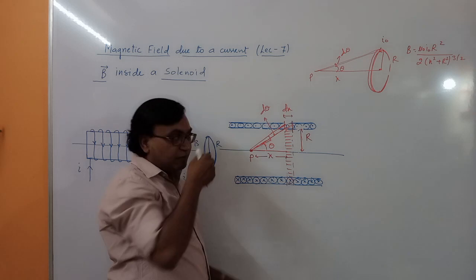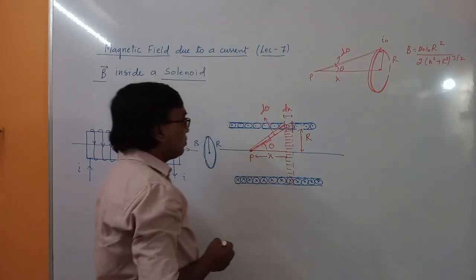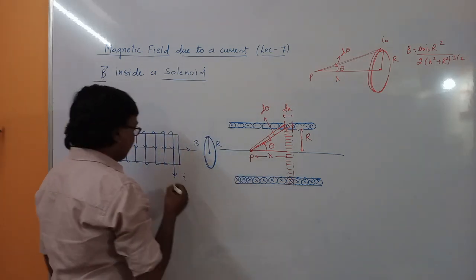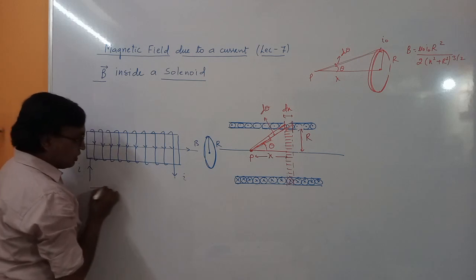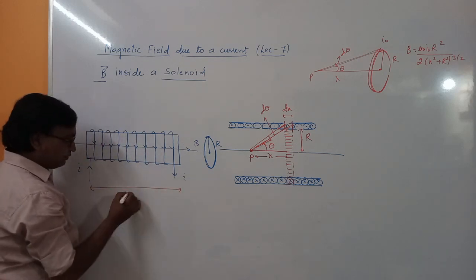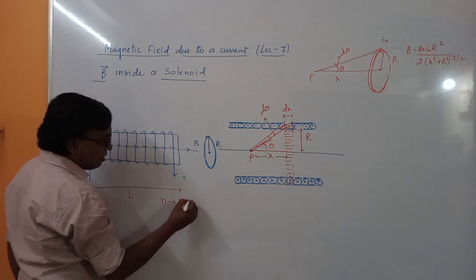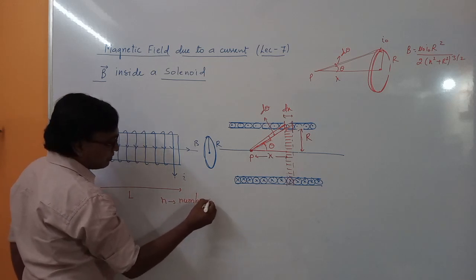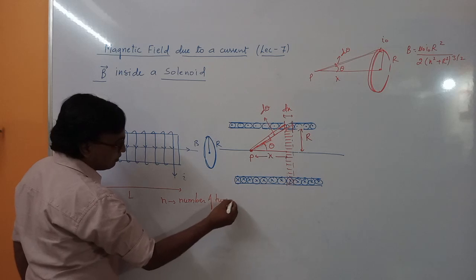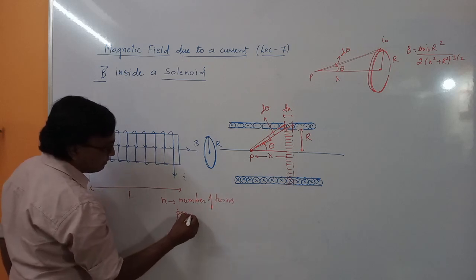There may be more than one loop. So now let us define one term for this solenoid. Let us say this is length L and N is the number of turns per unit length.